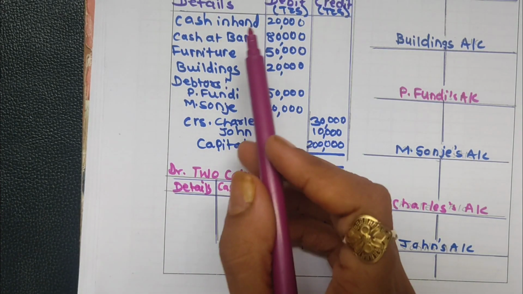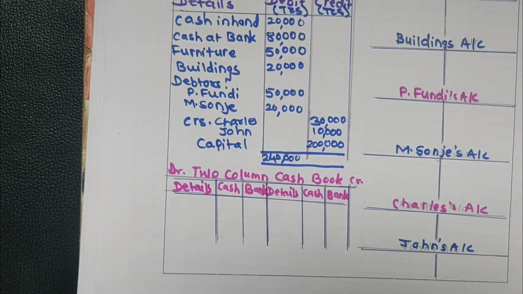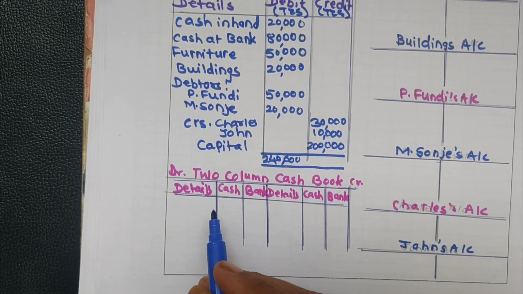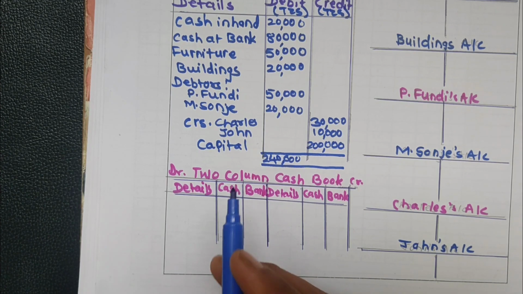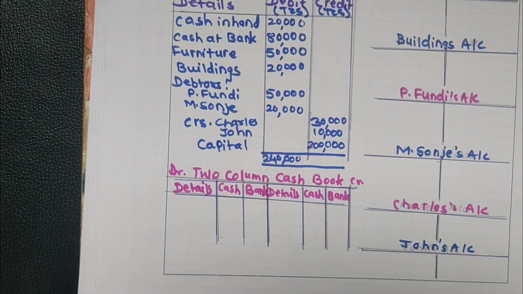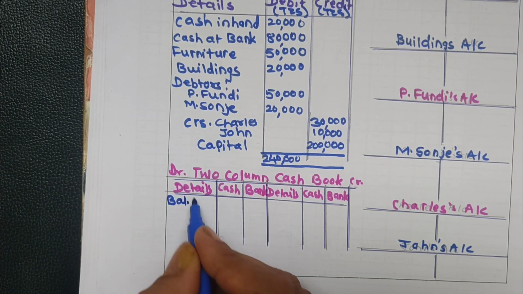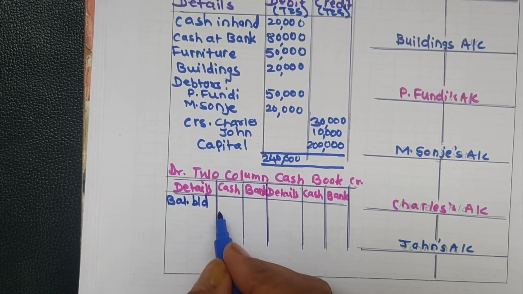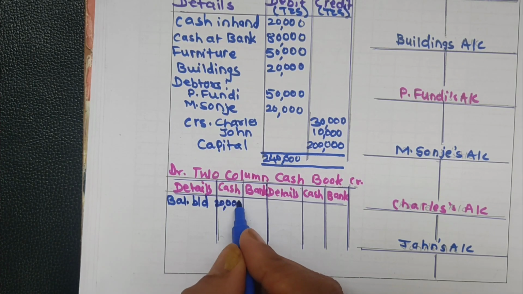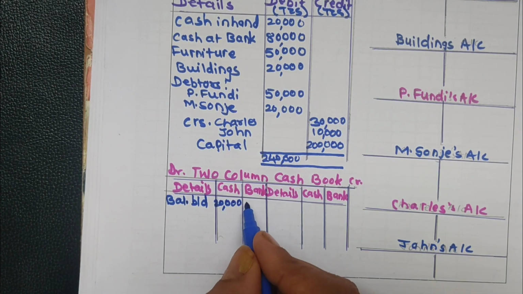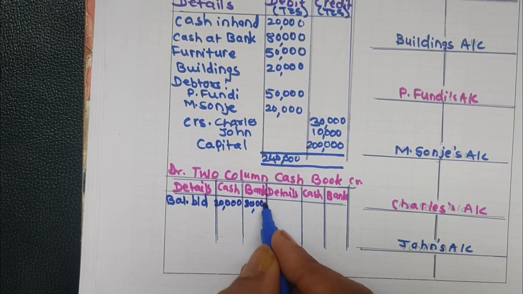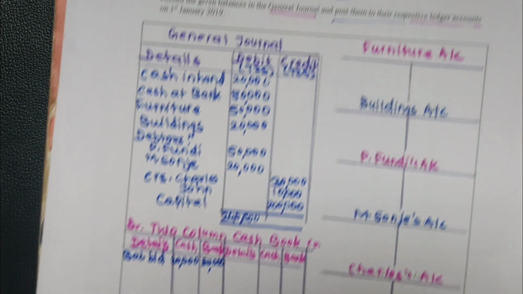So cash in hand is 20,000 and cash at bank is 80,000. All entries we are passing for opening balance. So here balance brought down, for the cash it is 20,000 and for the bank it is 80,000. So we are showing this effect in the ledger account.